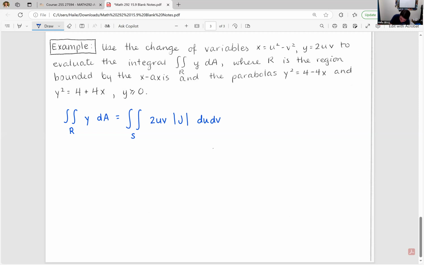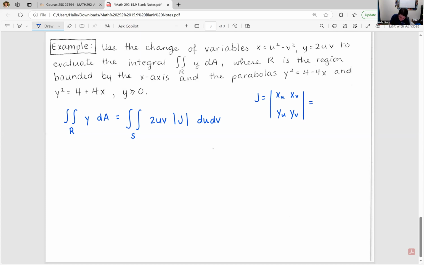Okay, so what we need to do is go find the Jacobian of this transformation. So J is equal to the determinant of the 2x2 matrix of partial derivatives. So we've got x with respect to u, x with respect to v, y with respect to u, and y with respect to v.